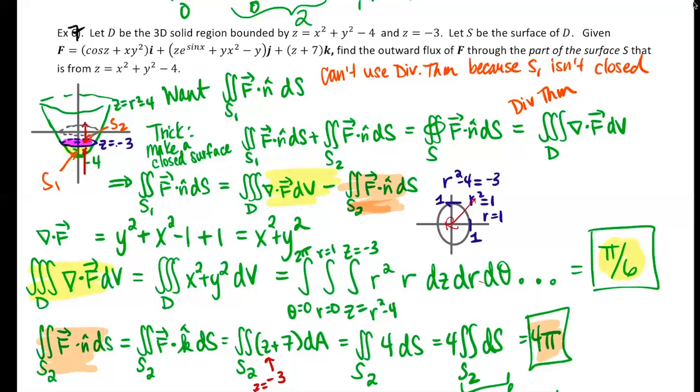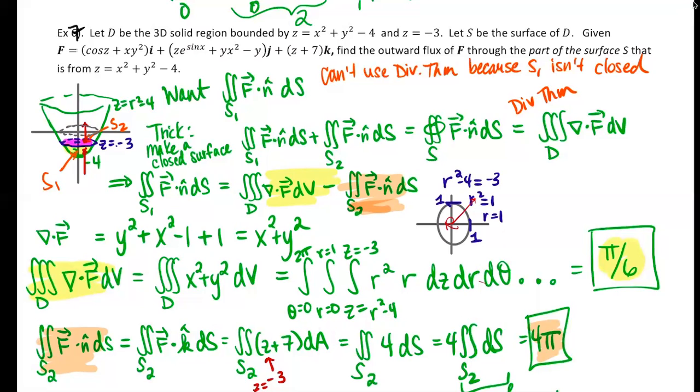Also, dS will be dA because the surface I'm integrating over is exactly parallel to the xy plane. So when I project this pink surface onto the xy plane, I have not changed the area at all, so I just jumped in my head to noticing that dS will be dA.